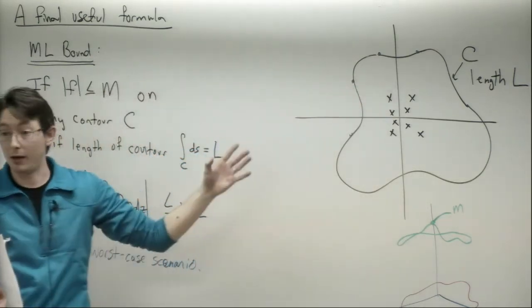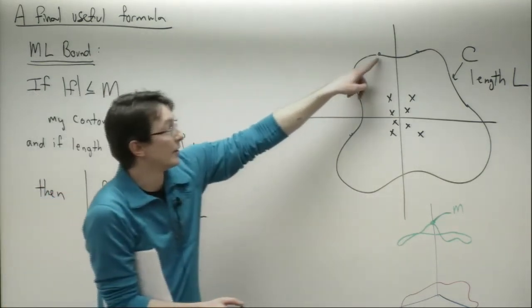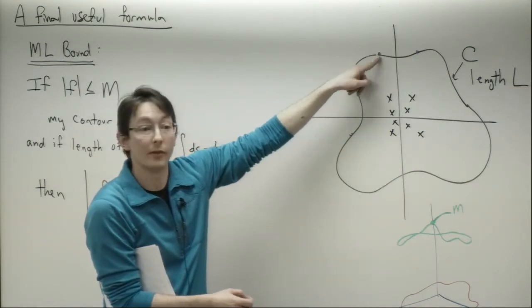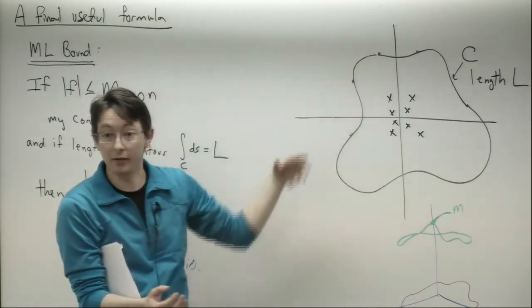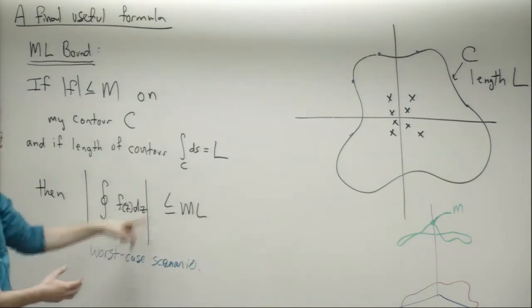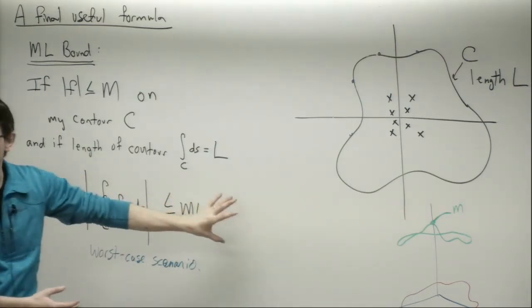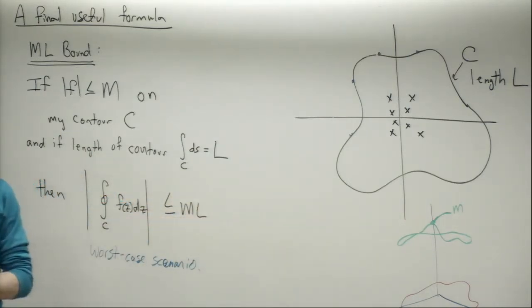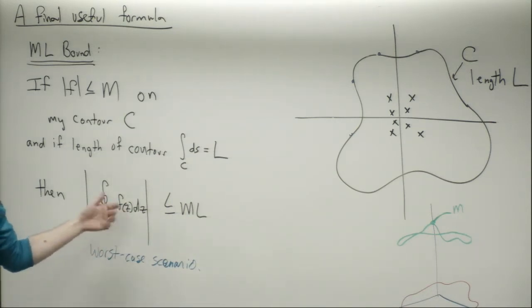For any other possible f, these values might be smaller than m, or some of them might be positive and others might be negative, and they'll cancel. And so this integral is always going to be less than m times L. Less than or equal. It could be equal if I have a really boring constant function equal to m.